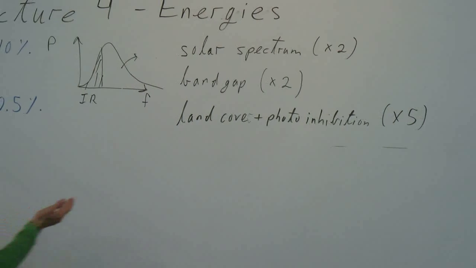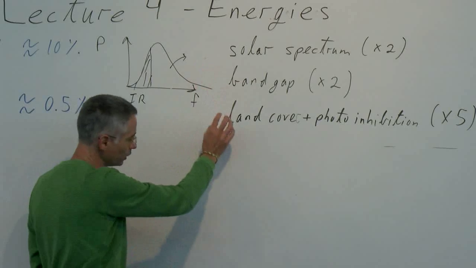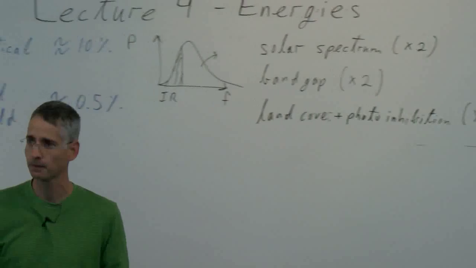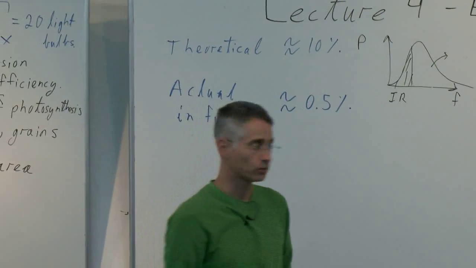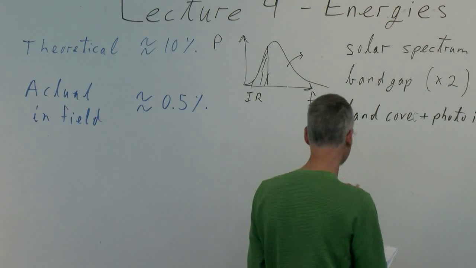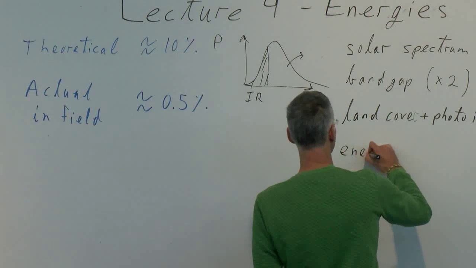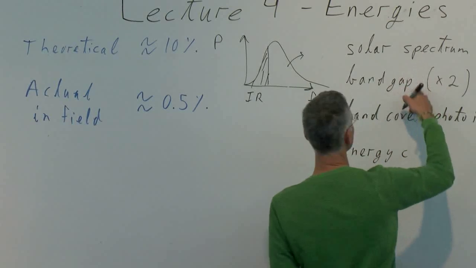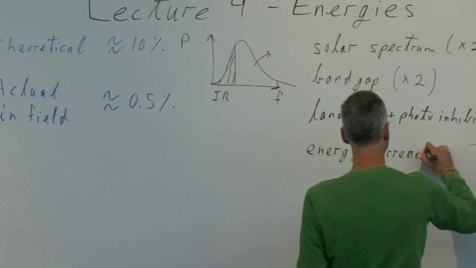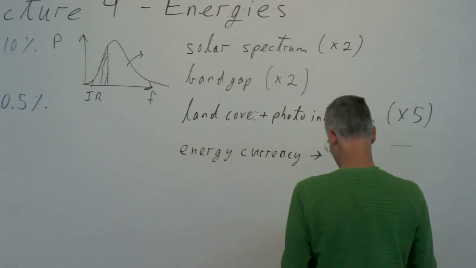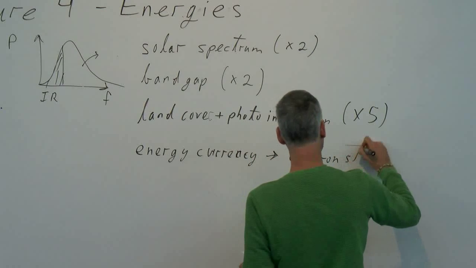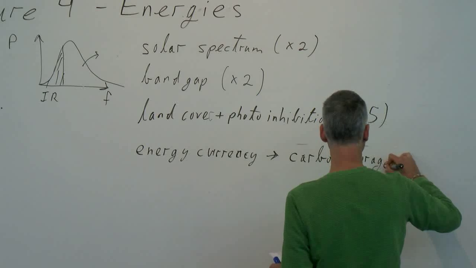Okay, what is the next thing that would happen? So we already, let's say, absorb the photon, everything is happening. What is the next thing that's supposed to happen? So now we have the process of photochemistry that is happening here. And basically, you have to go from the, let's call it energy currency, the thing that has been absorbed here, into biochemical, or if you want, the carbon storage, which is effectively the thing that would serve also for the food there.